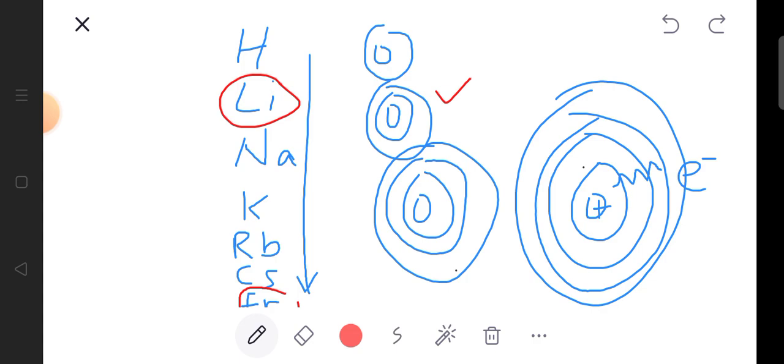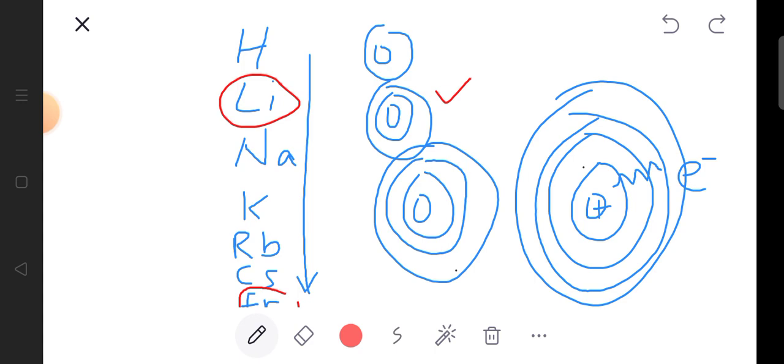We have studied in Bohr's atomic model that each orbit has its own fixed energy, and the energy increases from the first orbit to the last orbit in ascending order.